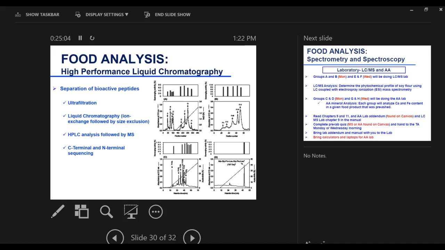It can be probably anywhere between, let's say, 1 kilodalton to 2 kilodalton, or even less than that. So you want to eliminate anything above 3 kilodalton, anything that is large, because peptides that are active are really small. So you use ultrafiltration, which is not chromatography, you're just filtering out all of your large peptides, and you're leaving the extract with the small peptides.